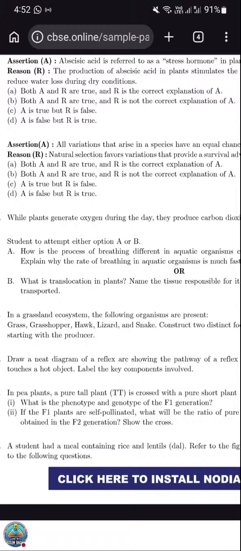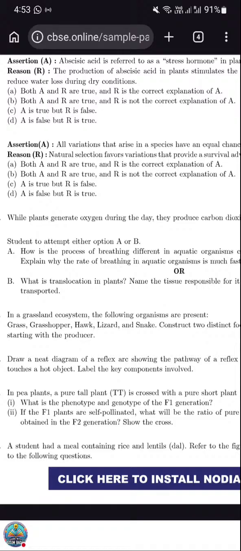Because during daytime photosynthesis is taking place, which is in presence of sunlight, and during photosynthesis oxygen is produced as a byproduct. During night, as there is no sun, photosynthesis will not be carried out. So the major product will be carbon dioxide, as respiration will dominate over photosynthesis.